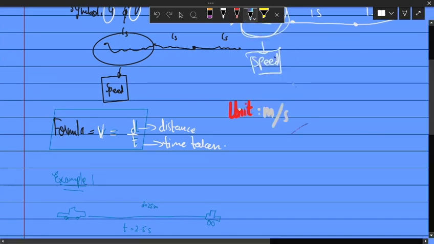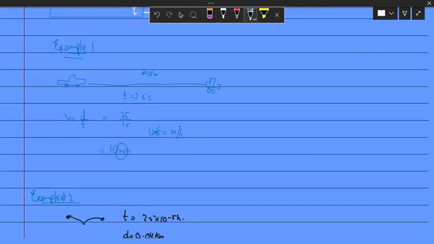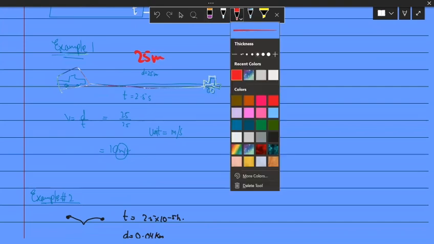So we are done with speed. Now let's do one example of how we calculate speed. Here's one example. A car moves a distance of 25 meters in 2.5 seconds.